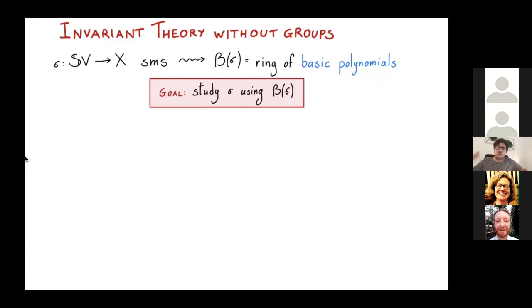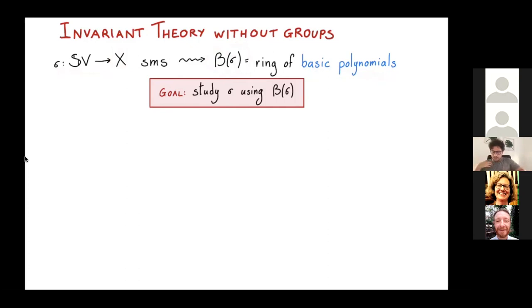That just means polynomials that are constant along the fibers of the manifold submetry. And the goal of this, if you want the invariant theory without groups, would be to study and understand the geometry of the submetry and of the quotient space via understanding the algebraic properties of the corresponding ring.